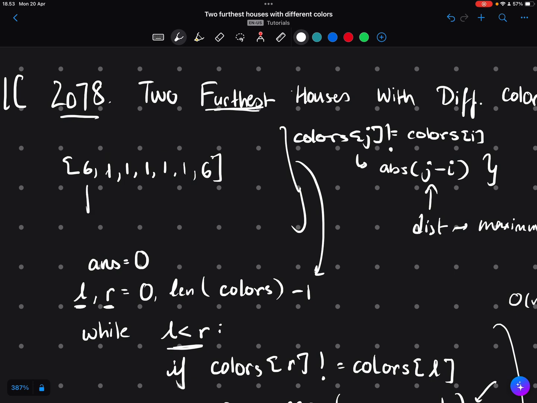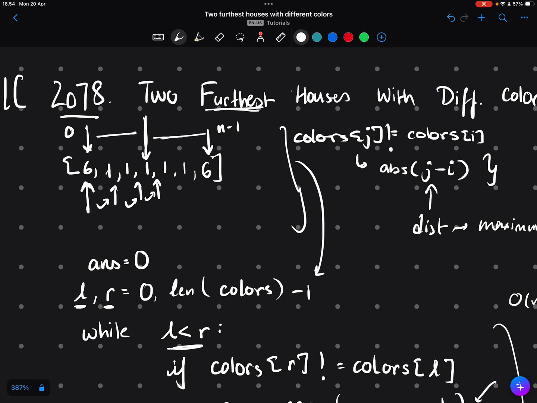So when we loop through this array, we'll hold two constants like we did with L and R. We'll hold two constants, no worries. We'll hold n minus 1 and we'll hold 0, but we'll move our one pointer ahead, move it ahead, move it ahead, right? And when we hit any point that's, well, let's say not equal to the one at 0, we will calculate the distance simply.